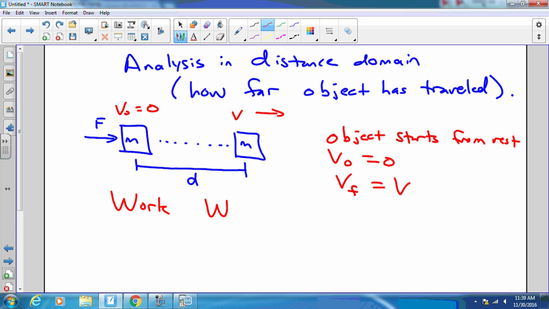So here's our basic definition of work. We're going to use the symbol W for work, and we're going to call that the product of force times distance. Notice that work is measured in newtons times meters. That's kind of weird. We haven't had any times units before. Newton meters.